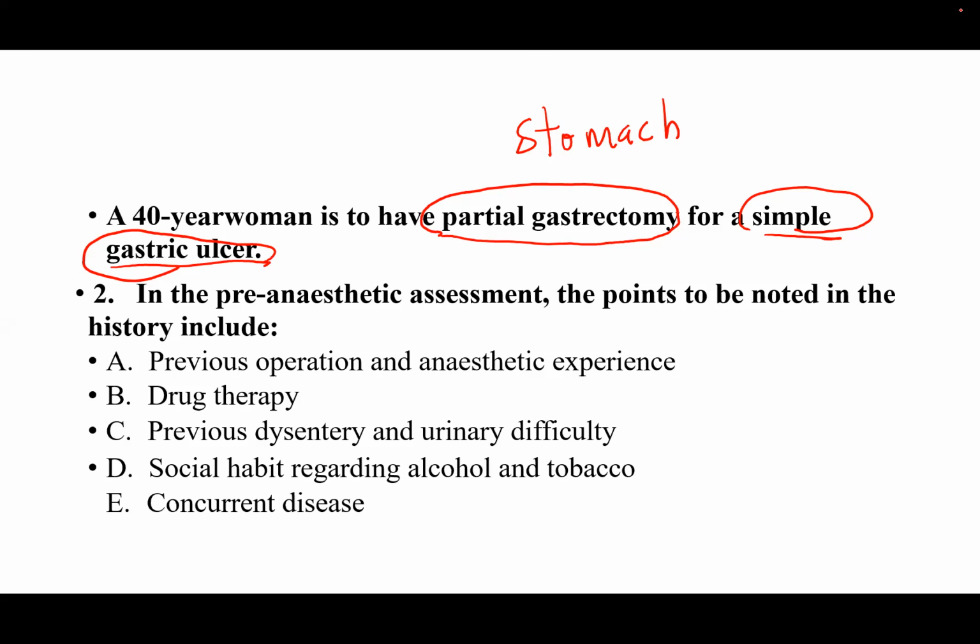Now, in the pre-anesthetic assessment, the points to be noted in the history include A, previous operation and anesthetic experience, drug therapy, previous dysentery and urinary difficulty, social habits regarding alcohol and tobacco, concurrent disease.